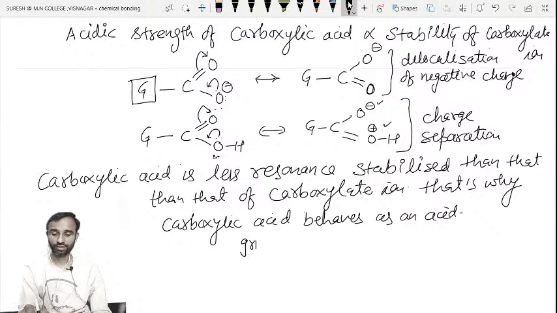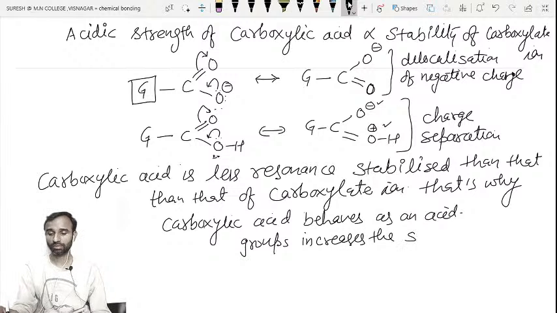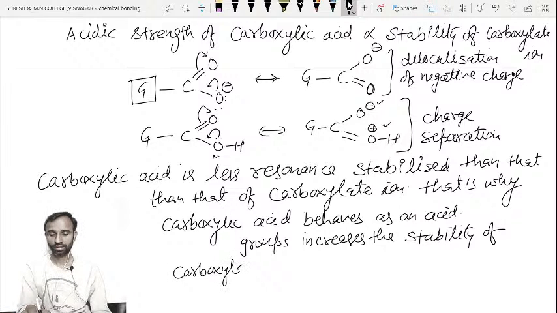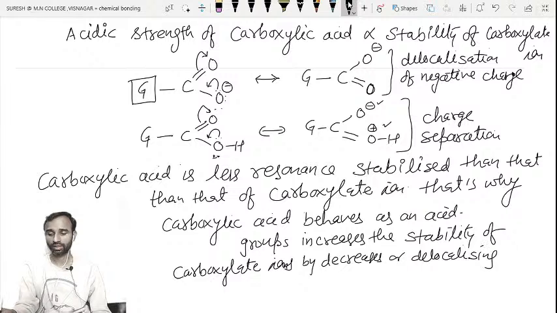I will write, you say which type of groups: electron withdrawing or electron releasing groups increases the stability of carboxylate ions by decreasing or delocalizing negative charge.